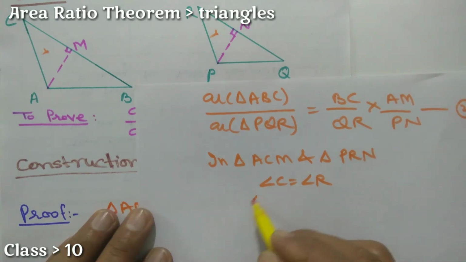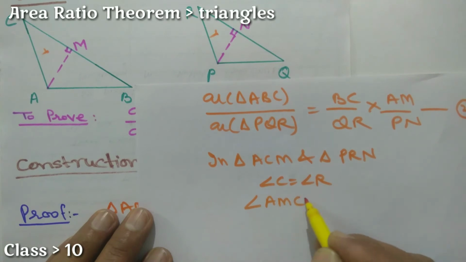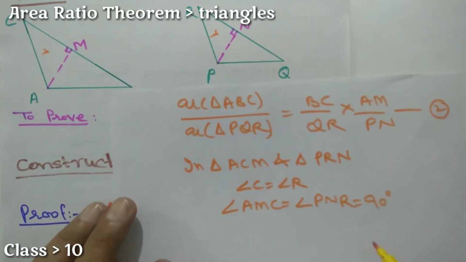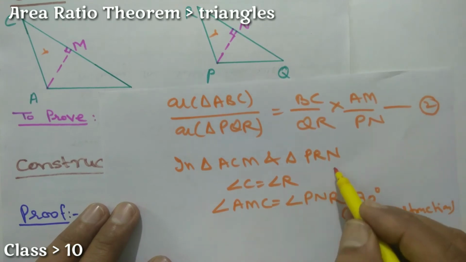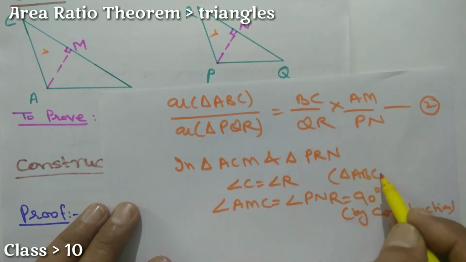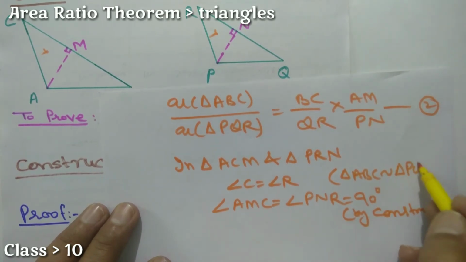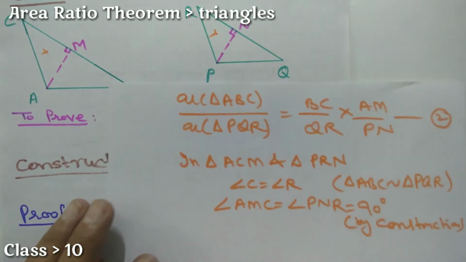After that, angle AMC is equal to angle PNR, each equal to 90 degrees. That we can write down by construction. And it was due to triangle ABC being similar to triangle PQR, so their corresponding angles are also equal.